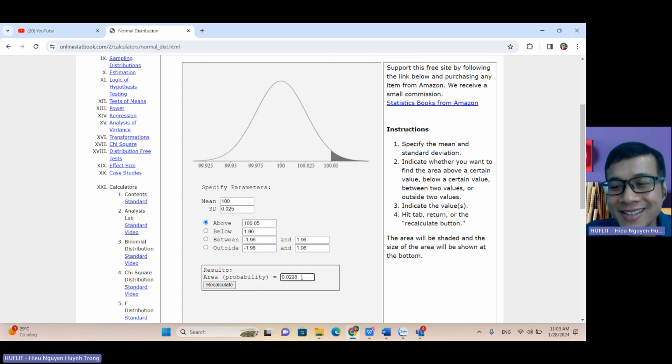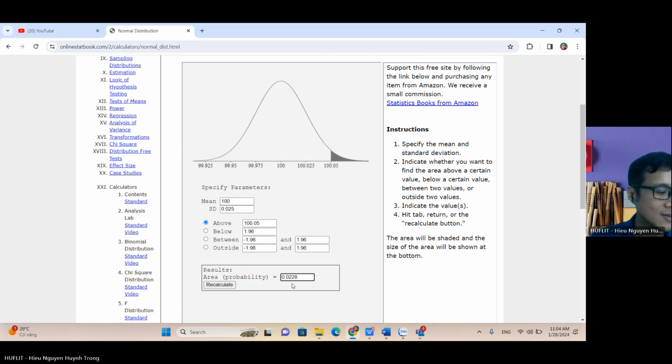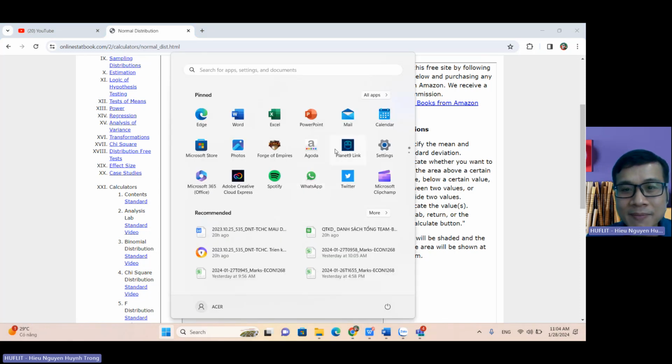That is the probability that one microphone can exceed 2 standard deviations above the mean. If you have 200 microphones, then you take this number times 200. 0.0228 times 200. Let me open the calculator here.